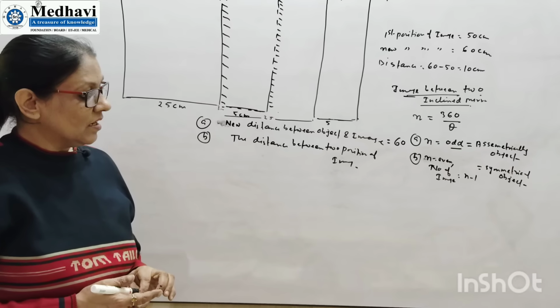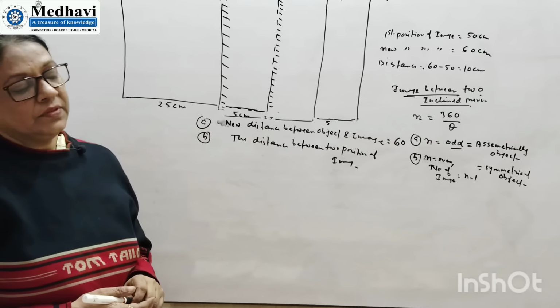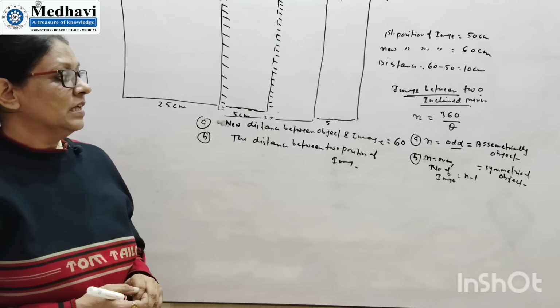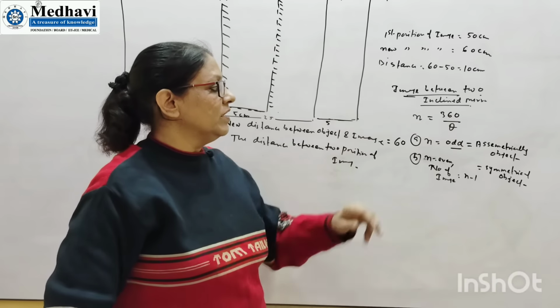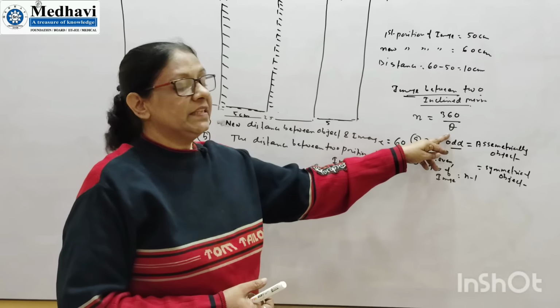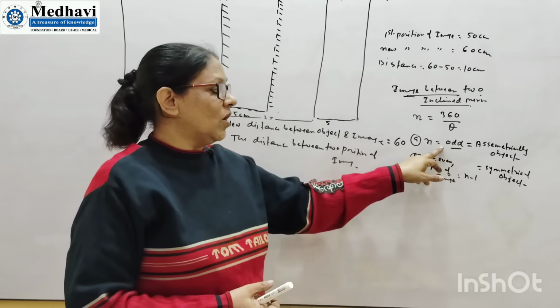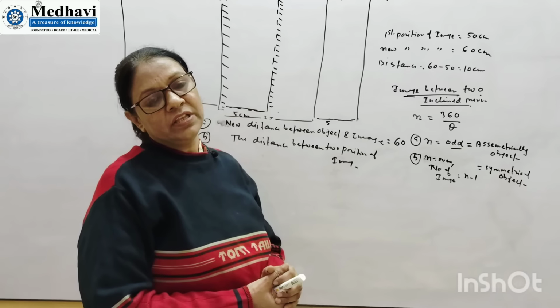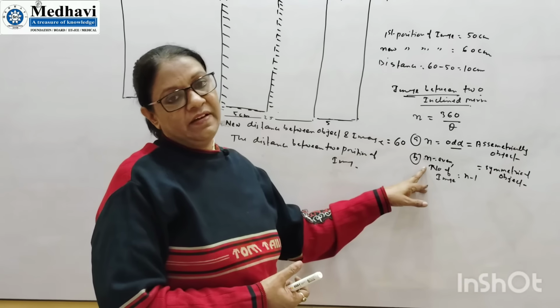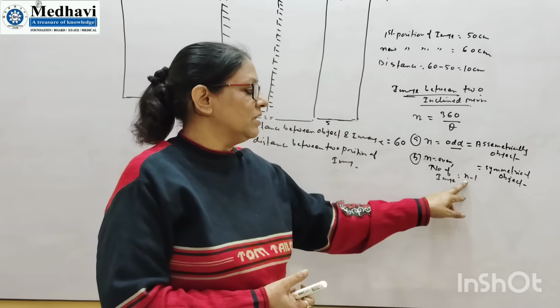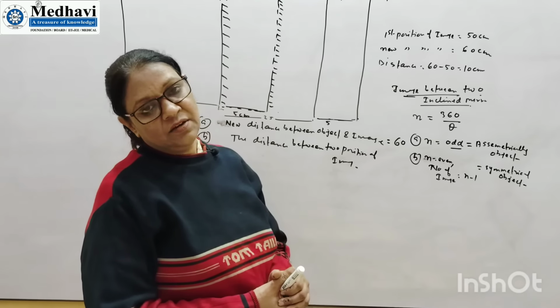That is very, very important information: the formula to find the number of images between two inclined mirrors is 360 by theta, and if n is an odd number, then this is equal to the number of images for an asymmetrical body. If n is an even number, then we will use n minus 1 for the symmetrical body.